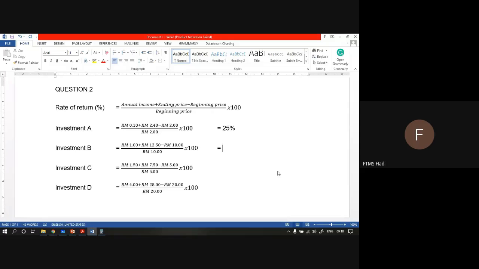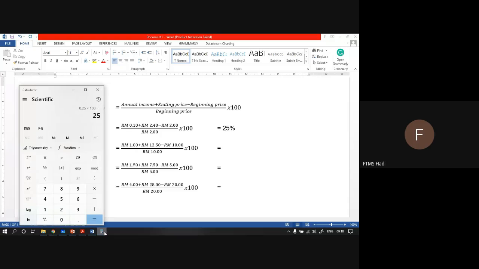Okay, let's run the calculator and see what answer we will get. So for investment B, RM1 plus 12.5 minus 10, enter, divided by 10, enter, multiply by 100, you get 35%.